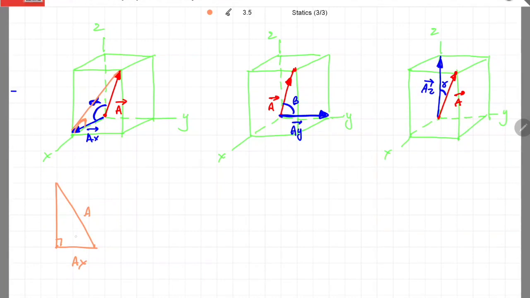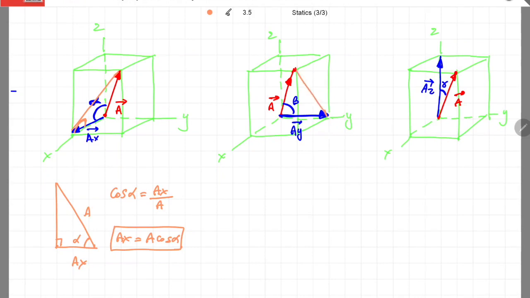If you notice, it's a right-angled triangle, and your alpha would be over here. So you can use the trigonometric relationship to say cos alpha is equivalent to the adjacent side, which is AX, divided by the length of the hypotenuse, which is A. If we rearrange this equation, we find the magnitude of AX to be A cos alpha. Now let's repeat the same process for the y direction.